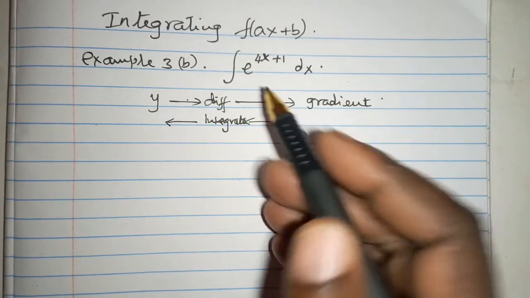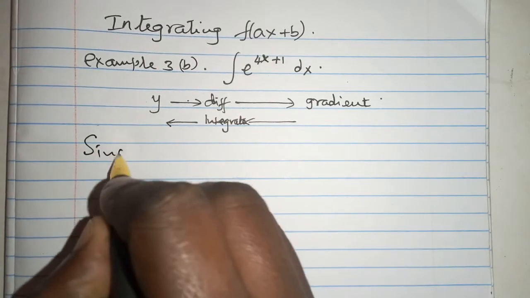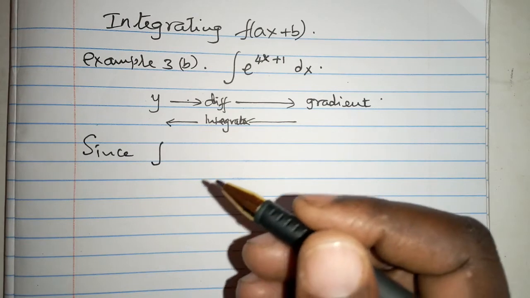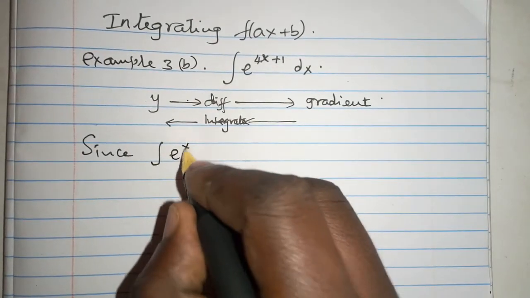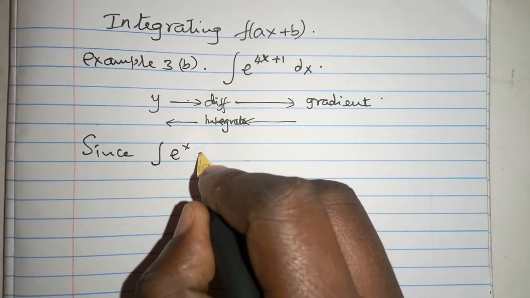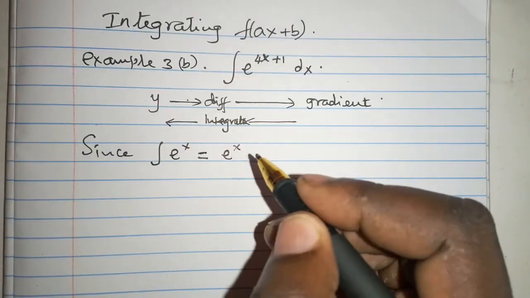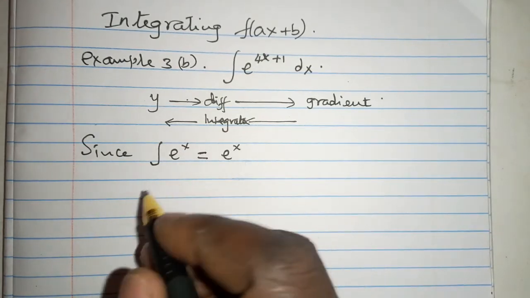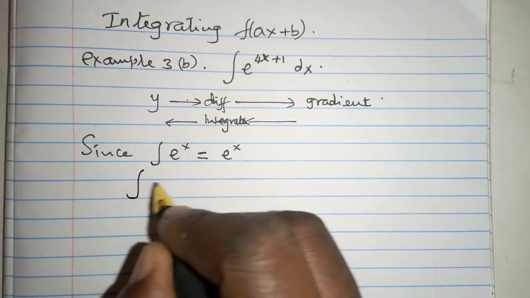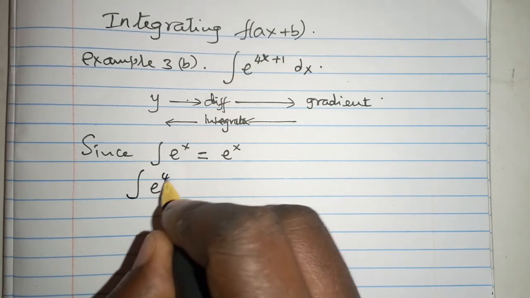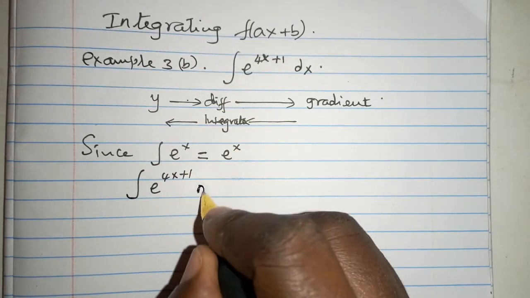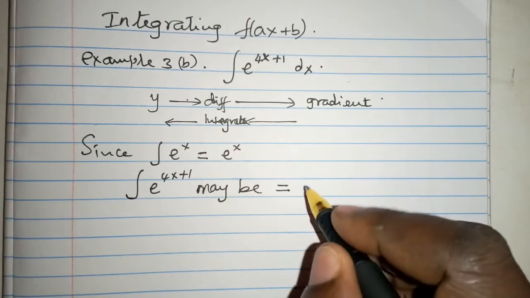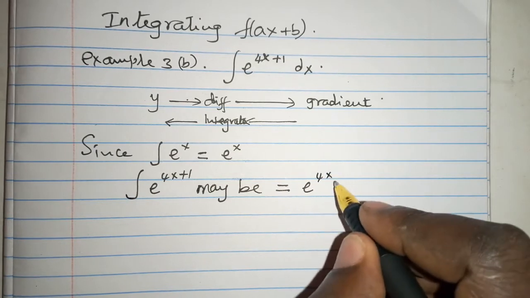What does this mean? We know very well that the integral of e raised to power x is equal to the same e raised to power x. So it is very possible that the integral of e raised to power 4x plus 1 may be equal to the same function e raised to power 4x plus 1.